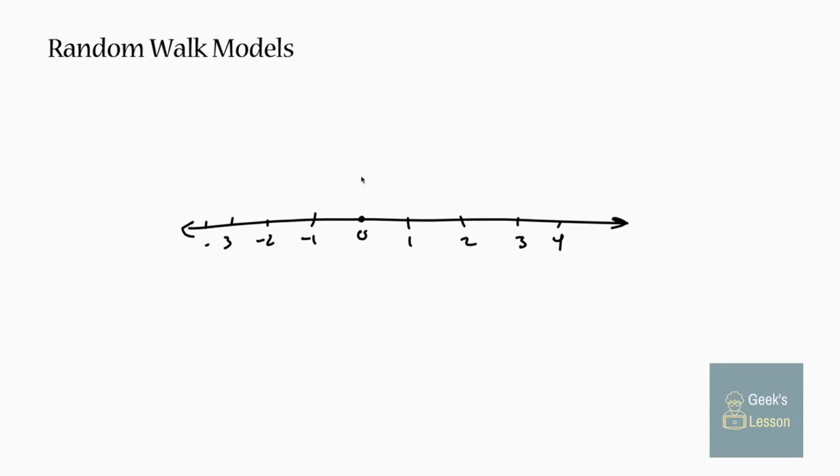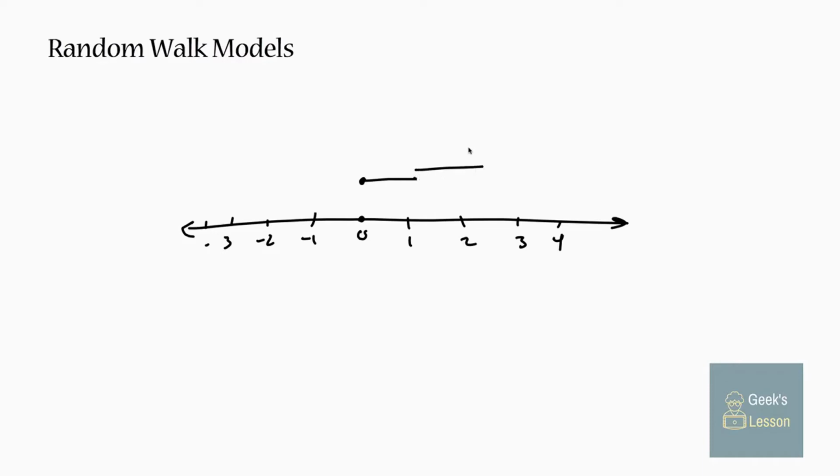So in a one-dimensional random walk, the process starts at 0. Every time point, you flip a coin. And if it's heads, I go to the right 1 step. And if it's tails, I go to the left 1 step. That's a simple random walk. And as I flip coins, I'll go right 1 step sometimes.